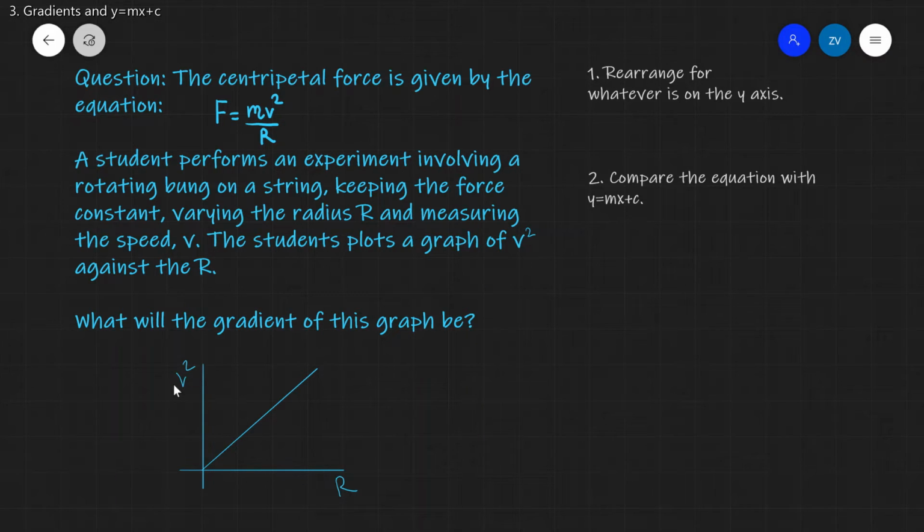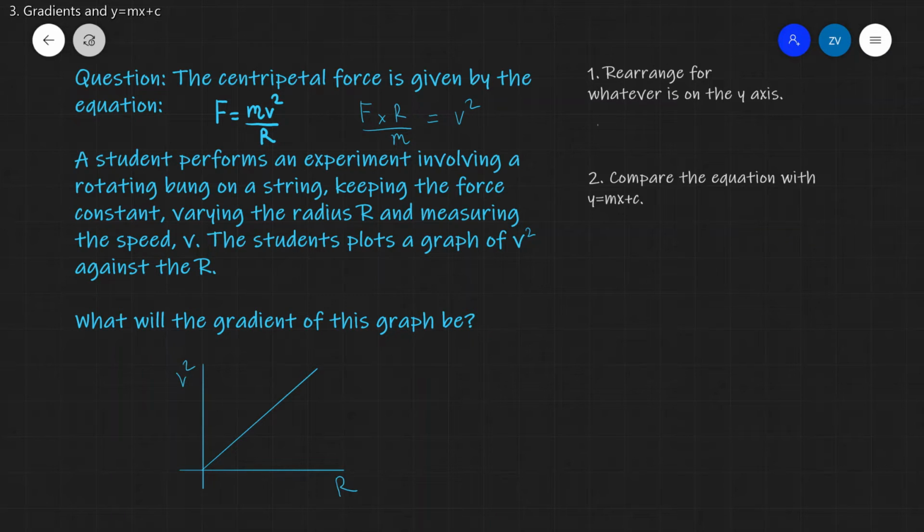So in order to do so, I need to divide by m and multiply by r. So what I'm going to get is that F times r divided by m is equal to v squared.